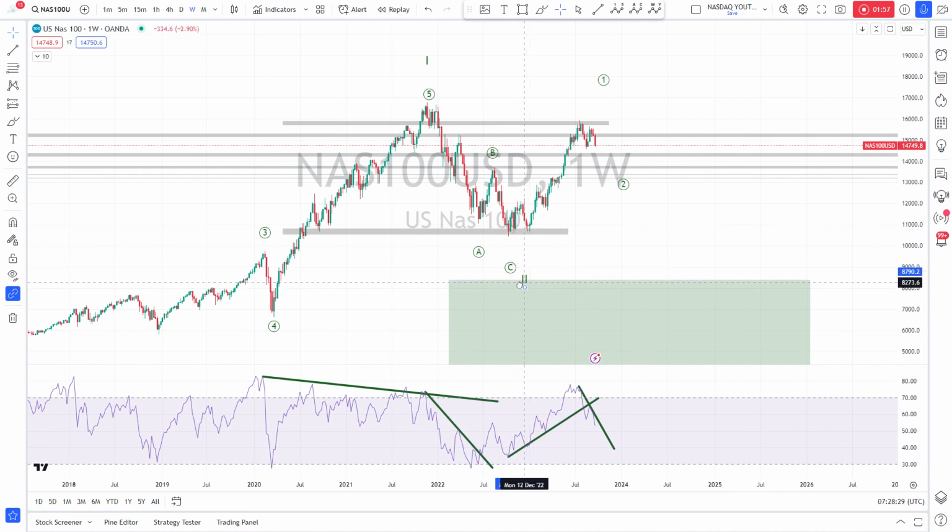That the wave 2 here is not finished yet, and that this is still ongoing, and then it could look like a flat pattern actually, so that we come down here in 3, 1, 2, 3 as a wave A, that this here is a wave B, so corrective wave B as an A, B, C, and then from here that we come down in 5 waves, 1, 2, 3, 4, 5, deeper into this area to finish our wave 2. So that could be a possibility.